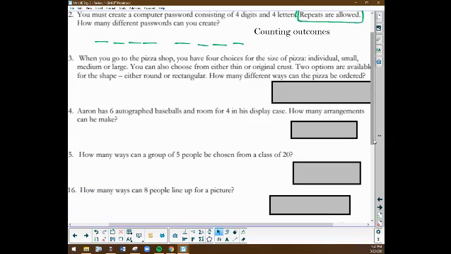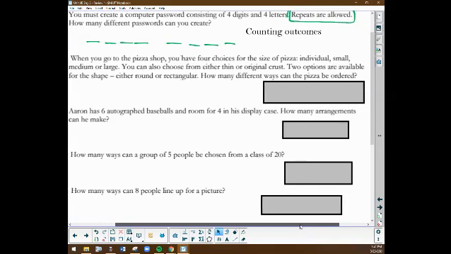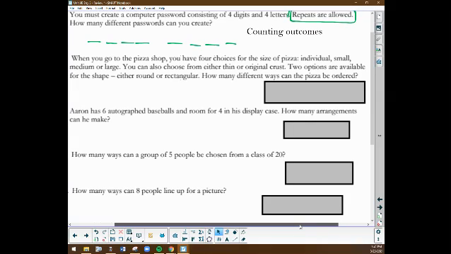Okay, when you go to the pizza shop, you have 4 choices for the size of pizza: individual, small, medium, or large. You can also choose from either thin or original crust. 2 toppings are available for this shape, either round or rectangular. How many different ways can the pizza be ordered? This one is interesting because I did say toppings on a pizza for a combination, but that would be toppings on a pizza.